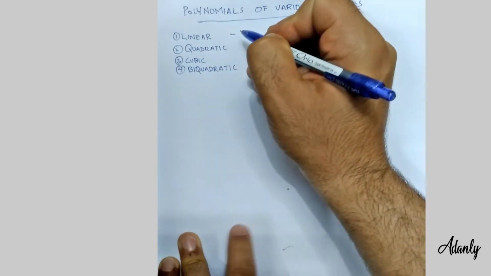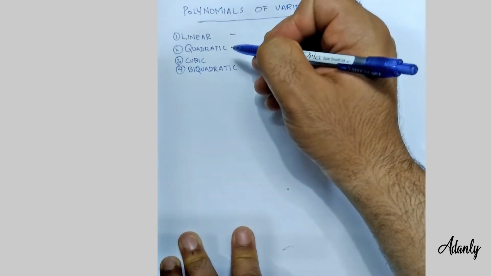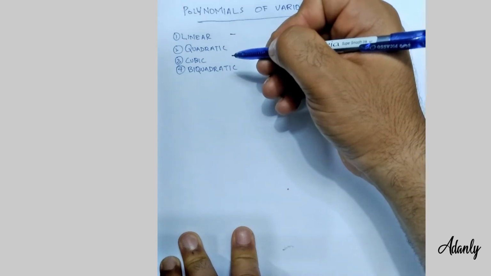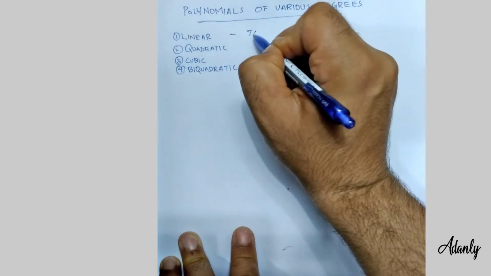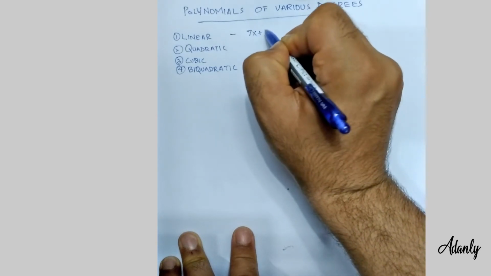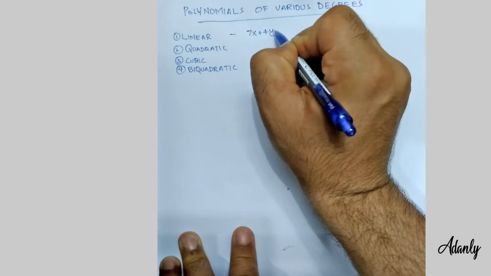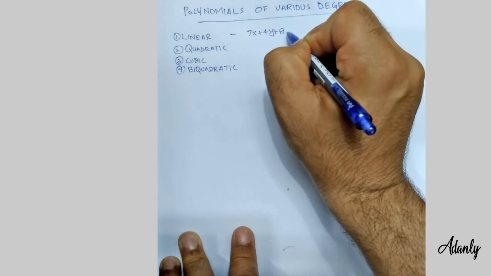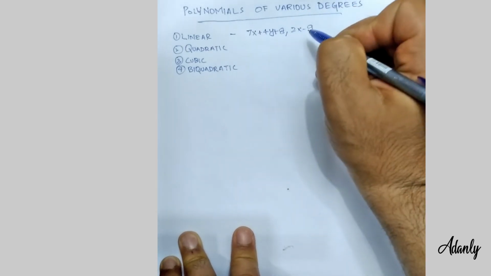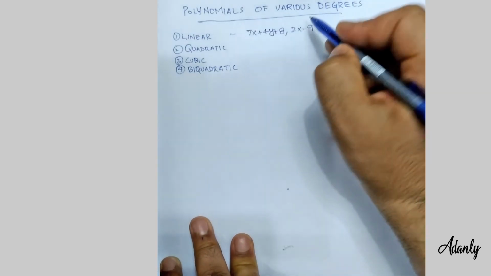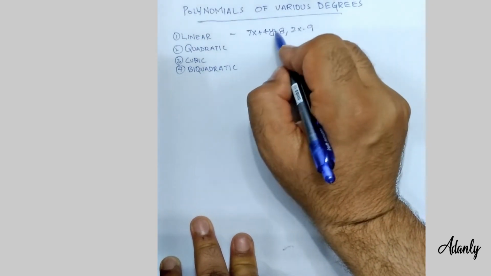A linear polynomial is a polynomial of degree 1. For example, 7x plus 4y plus 8, or 2x minus 9. These are called linear polynomials because they have degree 1.